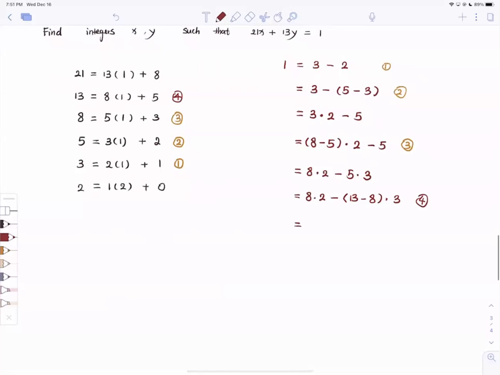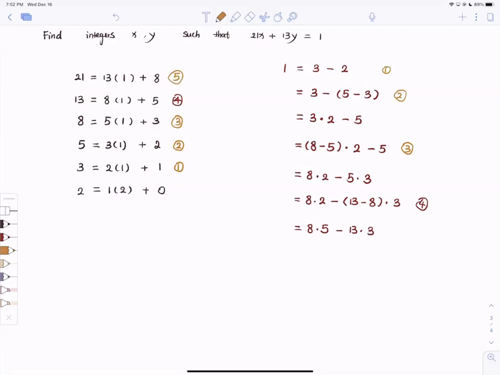And this, you open a bracket again. So 8 times 2 plus 8 times 3 is 8 times 5 minus 13 times 3. And lastly, well, we have 13 already. Lastly, we have 8. So this is step 5.